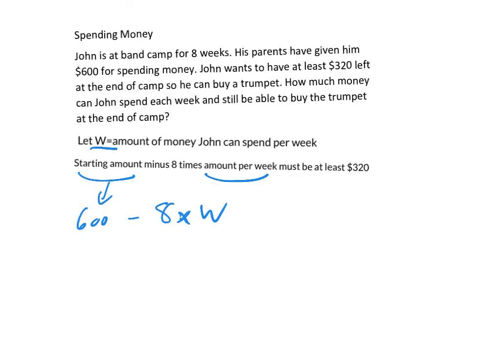And it must be at least 320. So he wants to save at least 320. Whatever he has, 600 minus what he spent, has to be at least 320. It's gotta be either 320 or more, right? At least means he wants to save even more. So that's going to be the situation here: 600 minus 8 times W greater than or equal to 320.